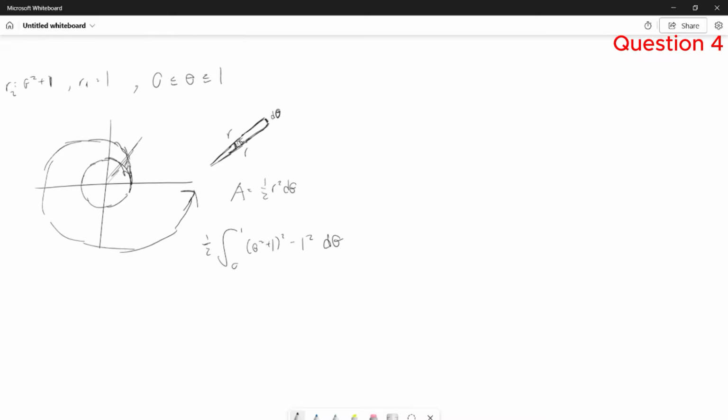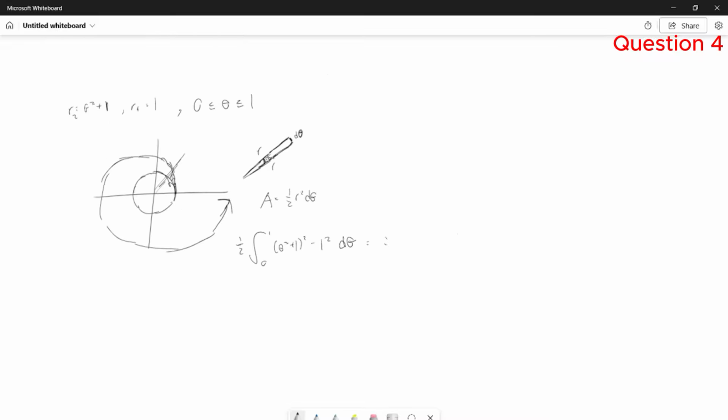We would get 1/2, 0 to 1, theta fourth plus 2 theta squared plus 1 minus 1 d theta, which is equal to 1/2, 0 to 1, theta fourth plus 2 theta squared d theta, and that would become 1/2 times theta fifth over 5 plus theta cubed times 2/3, all between 1 and 0.